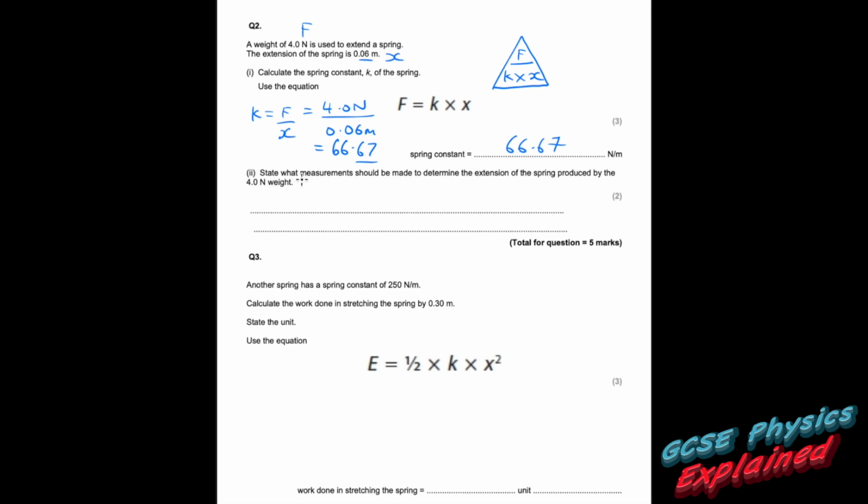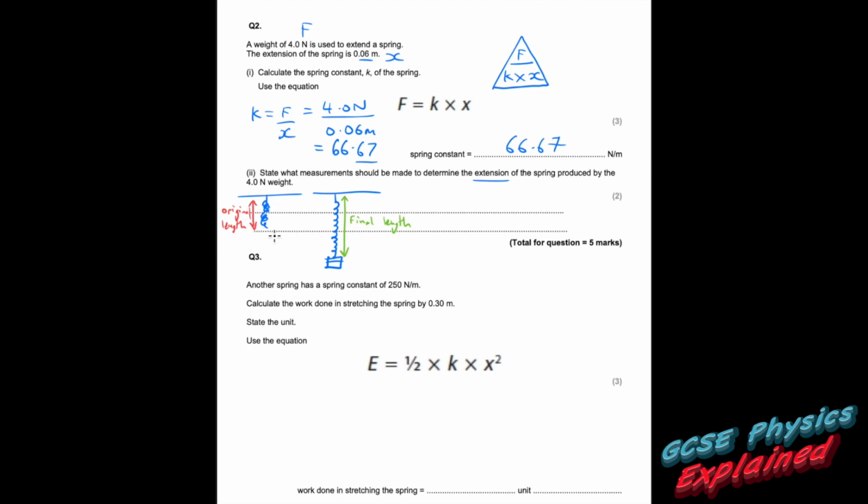Part 2. State what measurements should be made to determine the extension of the spring produced by the 4 newton weight. Right, so at first you've got the spring with nothing on it. So that is the original length. Then when you put a weight on it, it gets longer. So that's the final length.